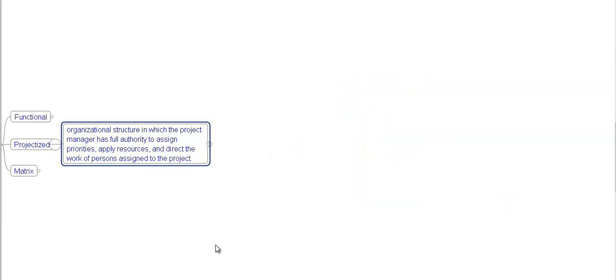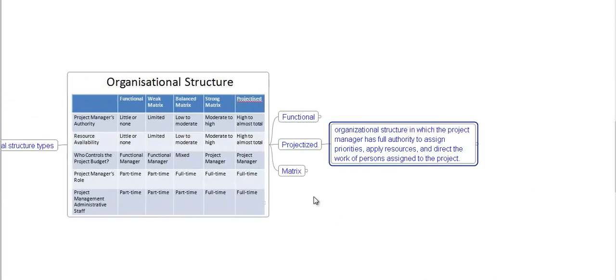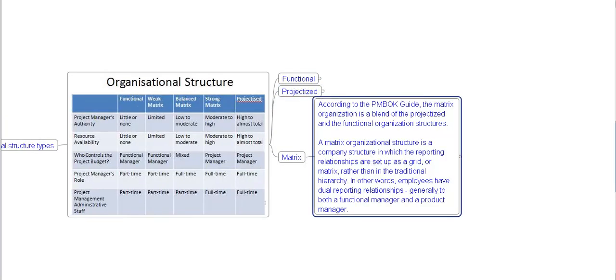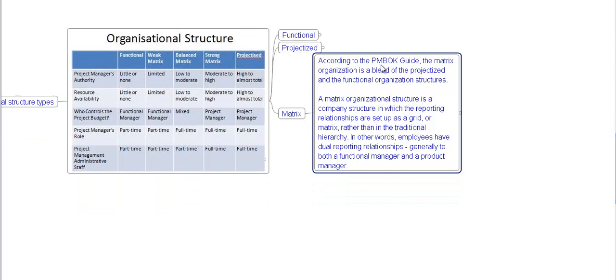Now we'll see the matrix organization. According to the PMBOK guide, matrix organization is a blend of projectized and functional organizational structure. A matrix organizational structure is a company structure in which the reporting relationships are set up as a grid or matrix rather than in the traditional hierarchy. In other words, employees have dual reporting relationships, generally to both a functional manager and a product manager.